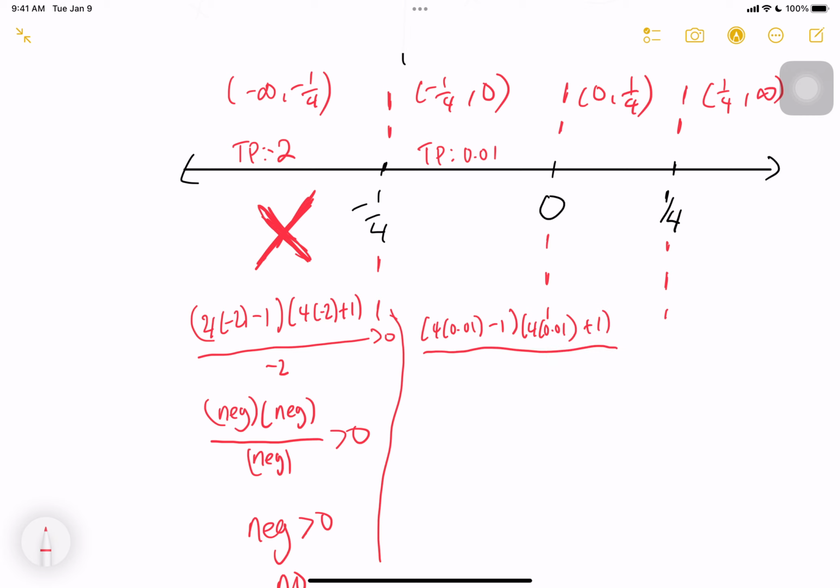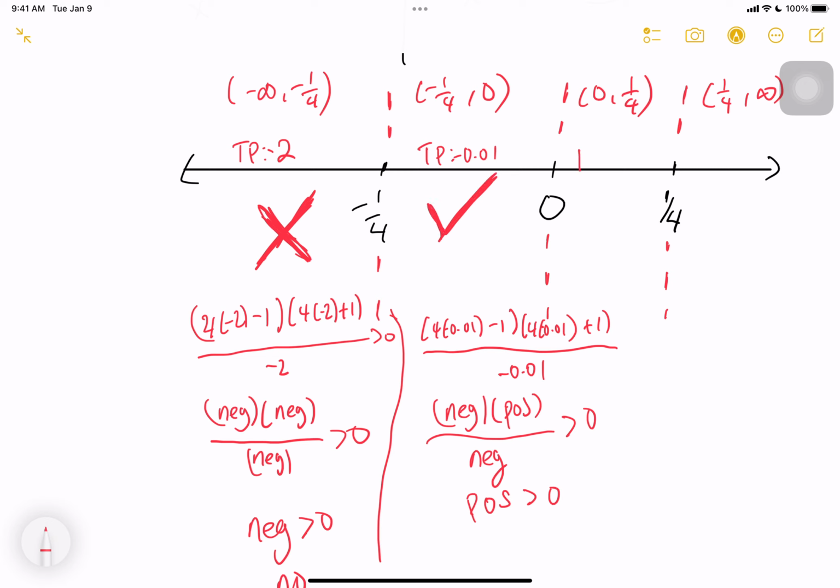And then that's going to be divided by negative 0.01. All right, so the first one is still going to be negative. The next one is going to be positive, right? Because negative 0.04 plus 1 is going to be a positive value. And of course, the denominator is negative. So that's two negatives. So that whole thing becomes a positive. And so then this right here is correct.